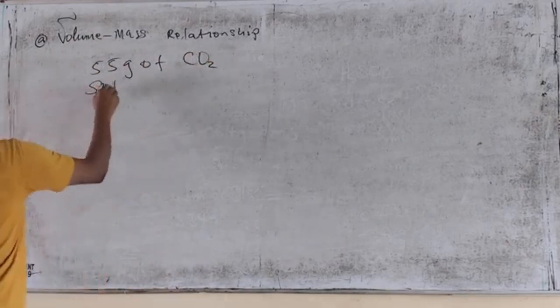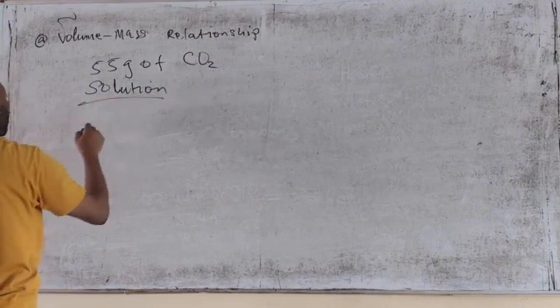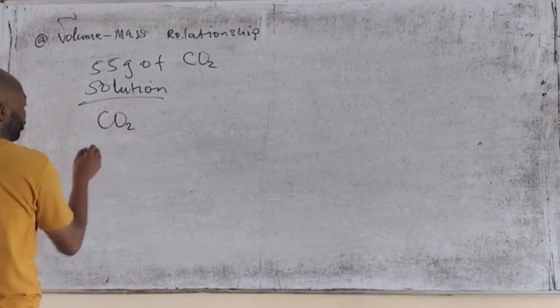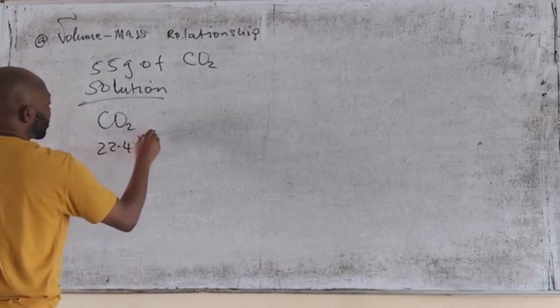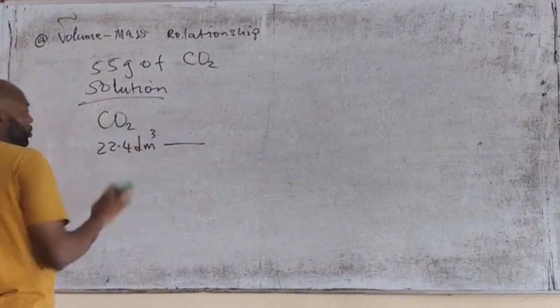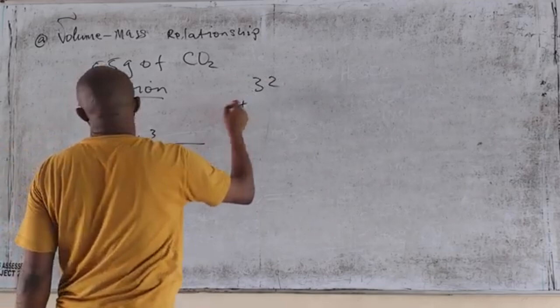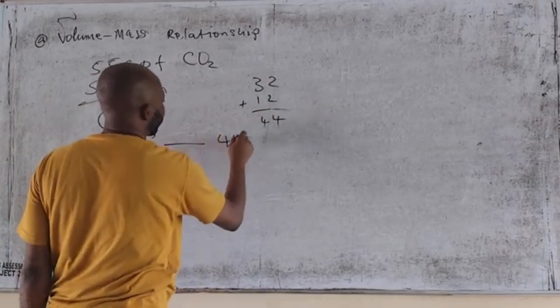Solution. Now, CO2: volume 22.4 dm cube will give us 16 times 2, 32, plus carbon is 12, 44. So this is 44 grams.